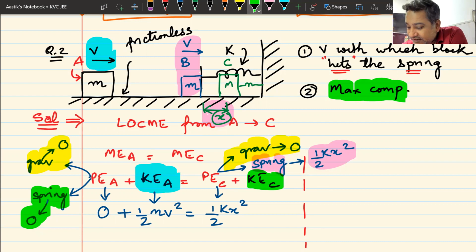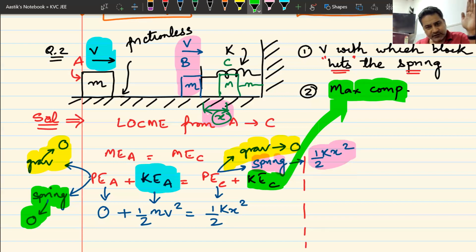To understand kinetic energy at point C, you must understand when the maximum compression will occur. When will the spring be in its maximum compressed state? Can anyone tell me that? At maximum compression, what will happen?